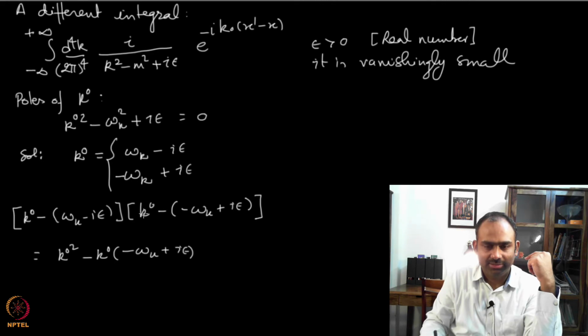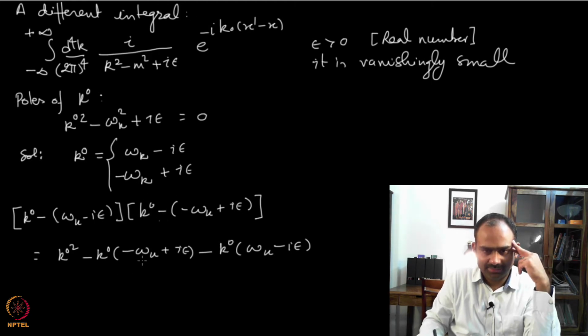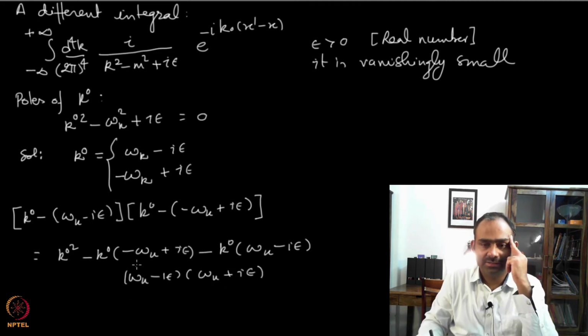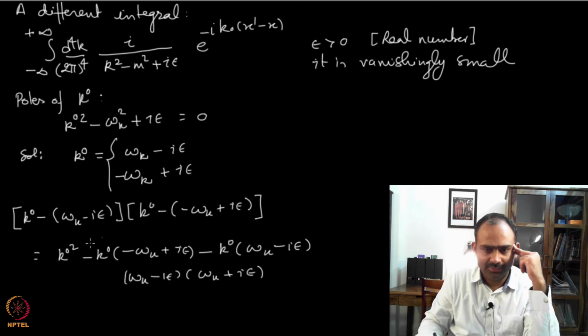Then you multiply this and this, you get minus k0 times (omega_k minus i epsilon), and then you finally multiply the 2 terms here, you get minus into minus is plus, and (omega_k minus i epsilon) into (omega_k plus i epsilon). Okay. Now, let us see k0 omega_k with the plus sign, k0 omega_k with the minus sign. So, these 2 cancel.